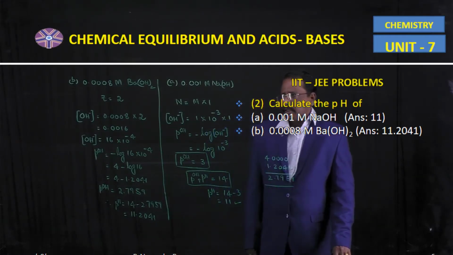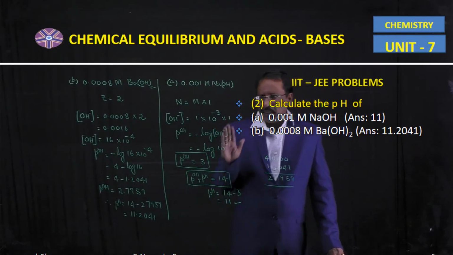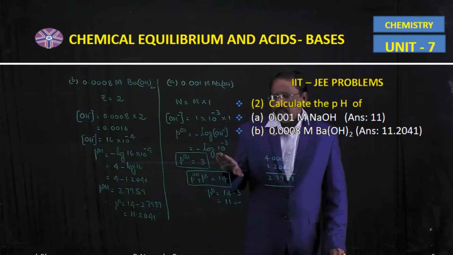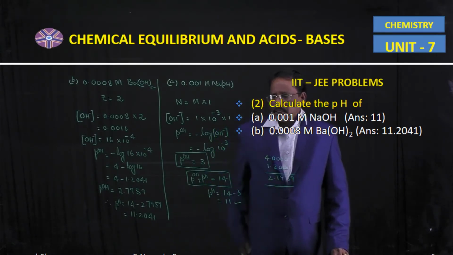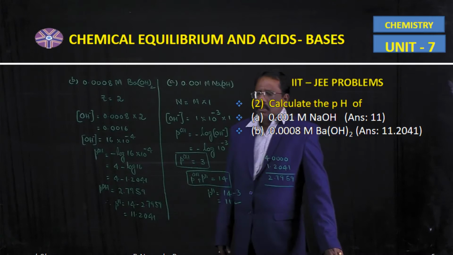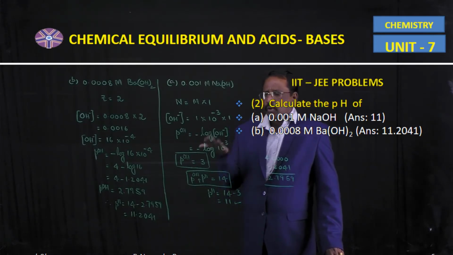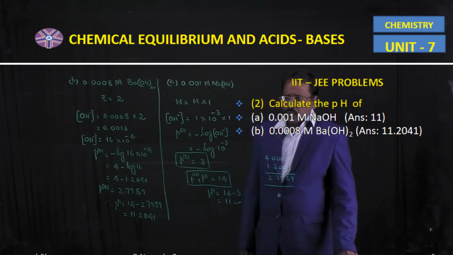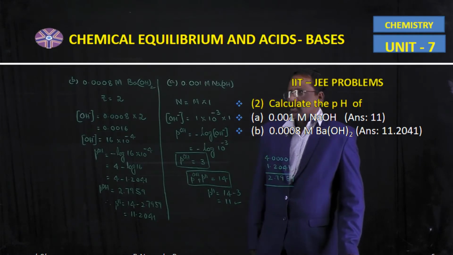So for basic solutions, first calculate POH value and then 14 minus POH is equal to pH of the solution.